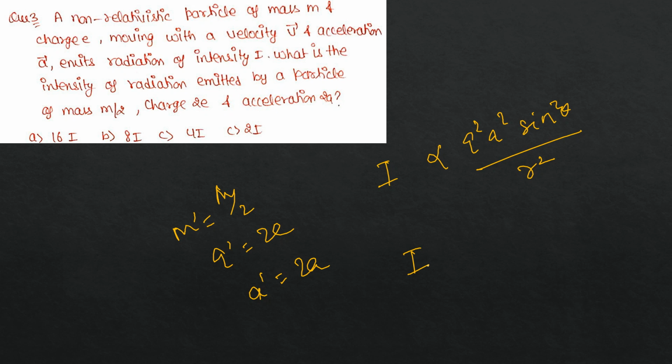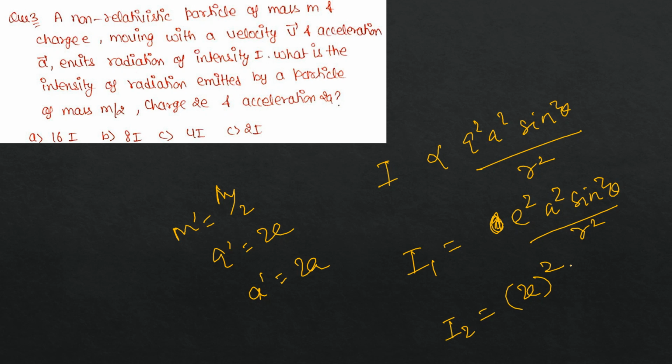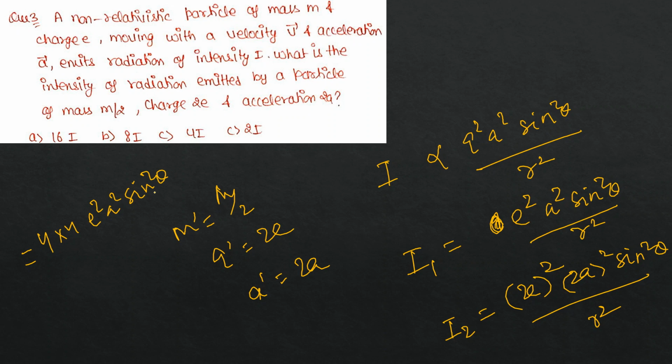So for that, I1 is charge e square a square sine square theta by r square. Now the intensity for the second particle will be, with these values, 2e whole square, 2a whole square sine square theta divided by r square, isn't it? That is 4 into 4, e square a square sine square theta divided by r square.